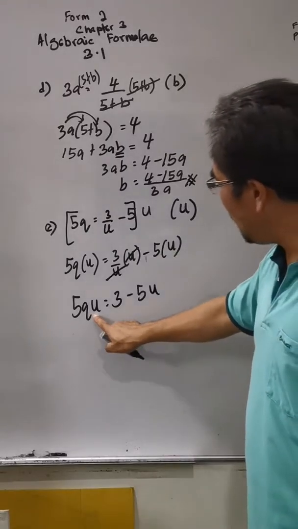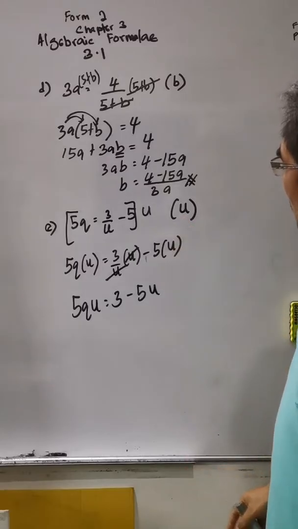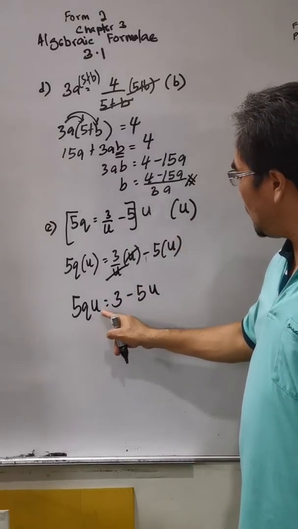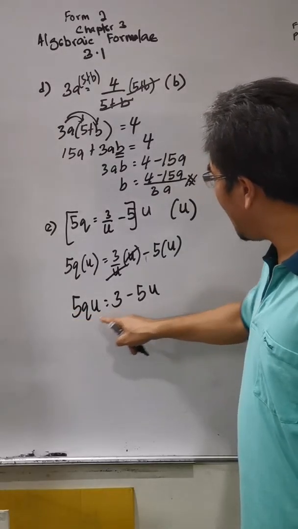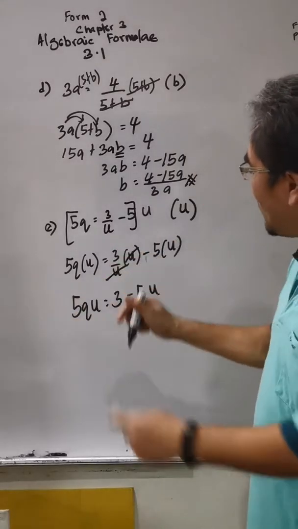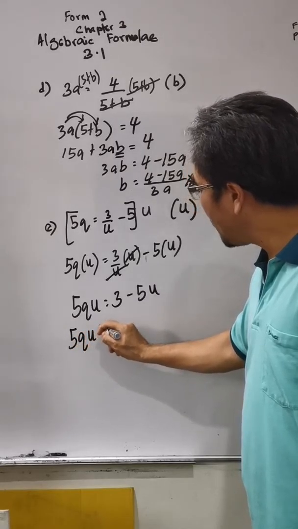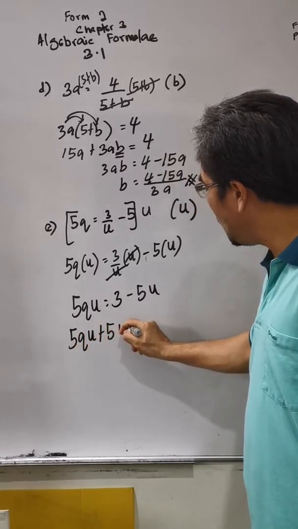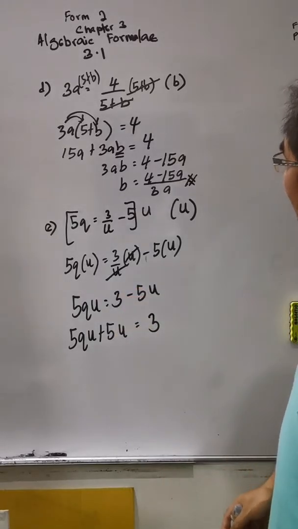Oh, you have U here and U here. We want U as the subject. So if there are two U's, you have to move them to one side. So I move it: 5QU plus 5U equals 3. And then factorize.